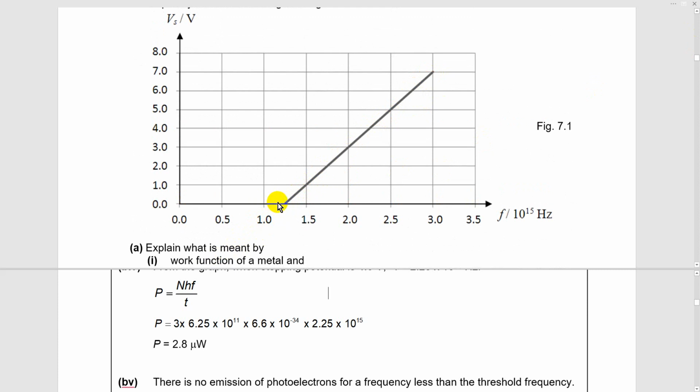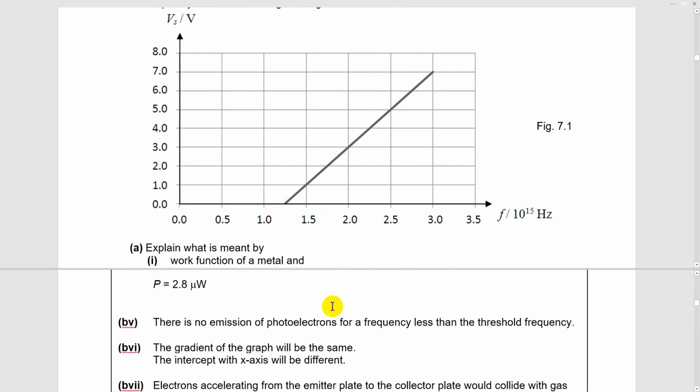Nothing happens, so there's nothing to measure, no points to plot. So that's it. Part 5 is simply because nothing happened. There's no emission of photoelectrons for frequency less than the threshold frequency. So there are no points here, so you don't draw any graph here.